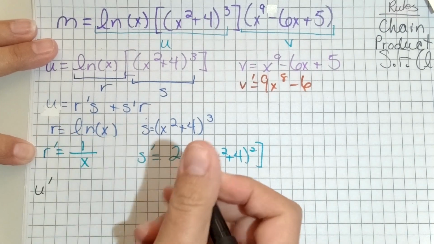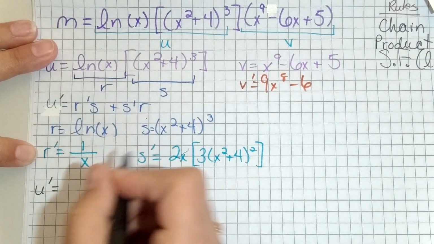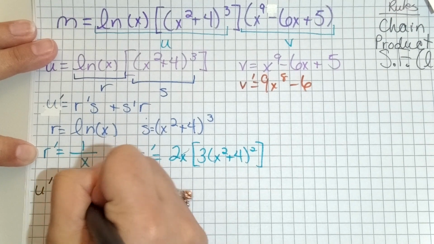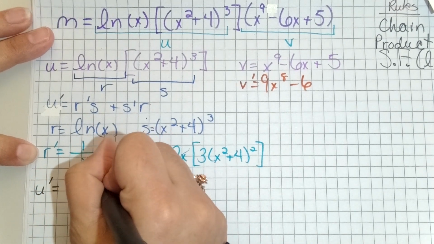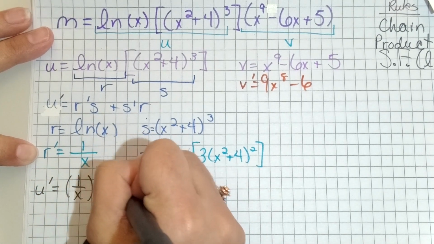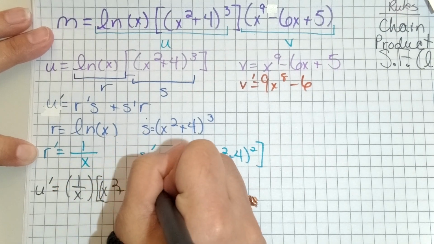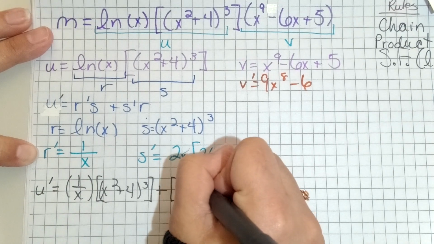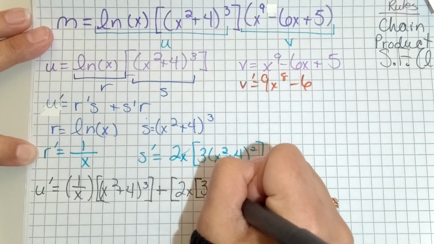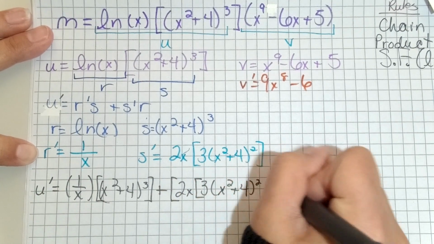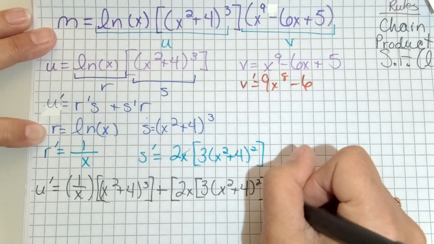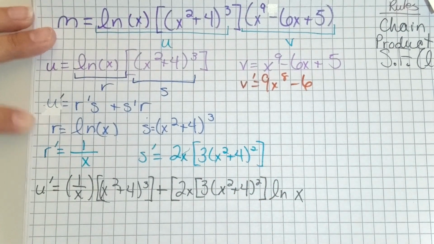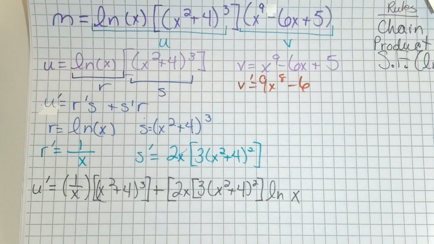So U prime is 1 over x times S, which is x squared plus 4, all cubed, plus 2x times the quantity of 3 times x squared plus 4, all squared, times the natural log of x. That is all U prime.